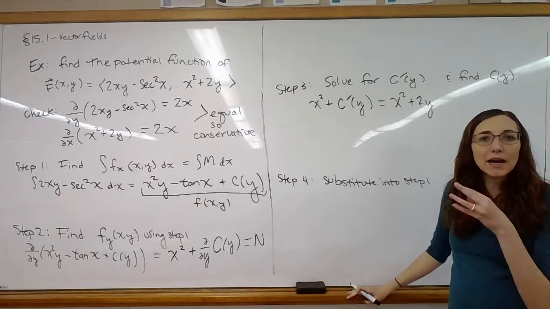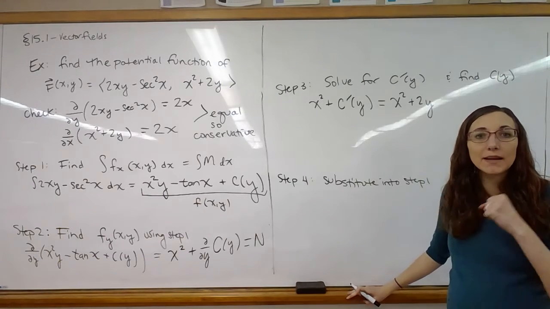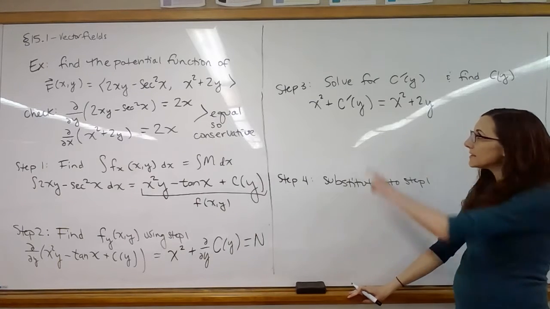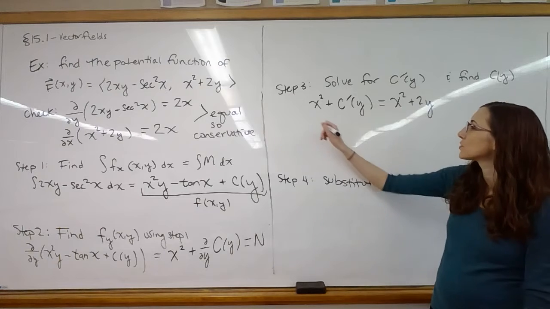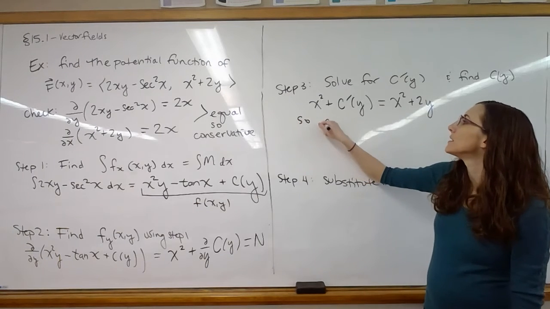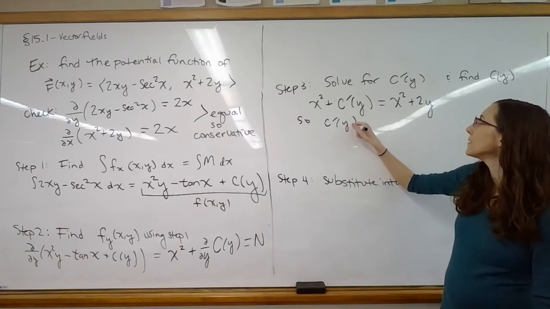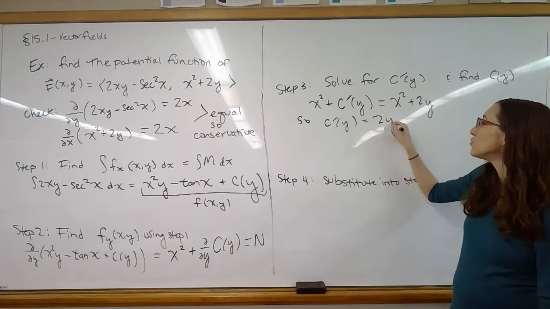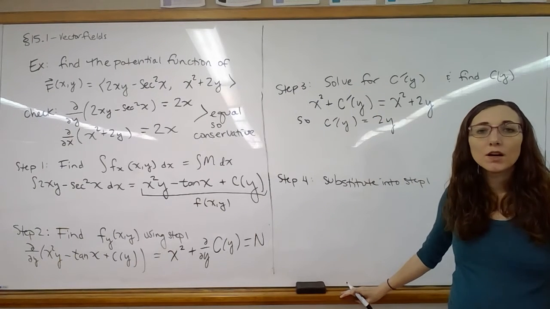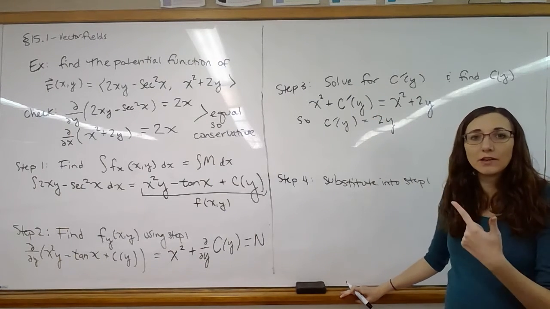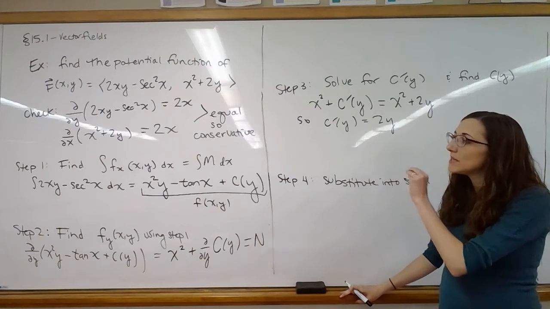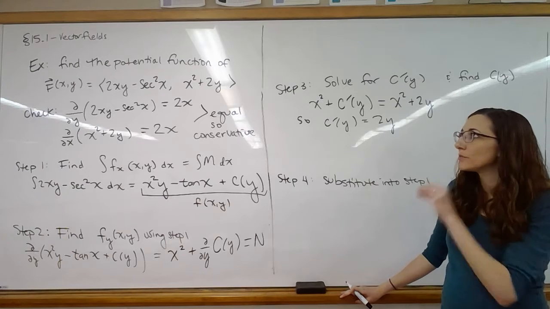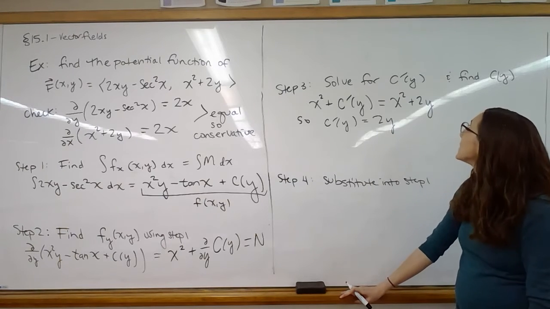What we have is that the constant function of y can be determined from this N component. Canceling out the common things, we cancel an x squared, and we see that c prime of y should be 2y. So the derivative with respect to y of that constant function c of y should be 2y.